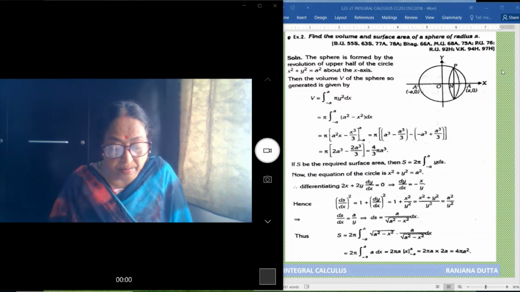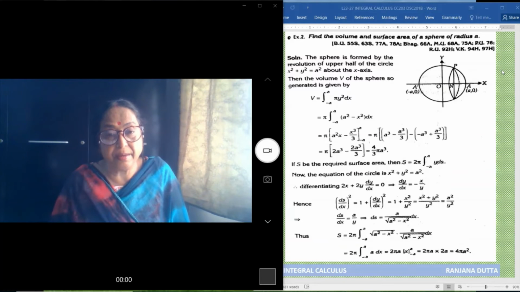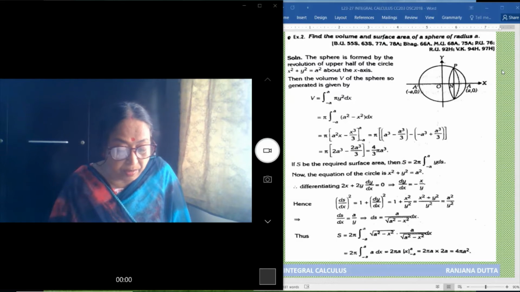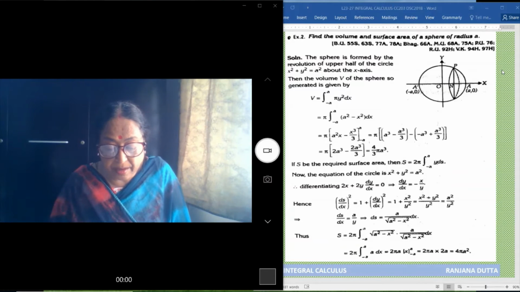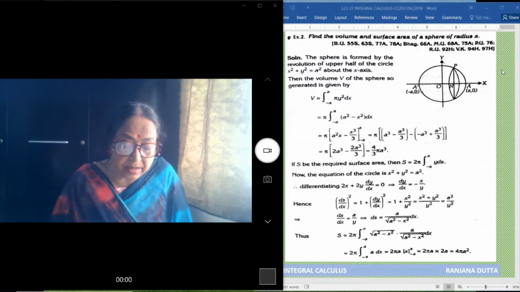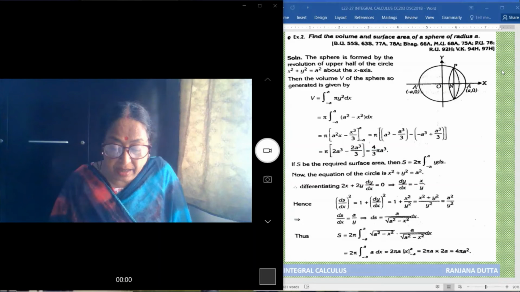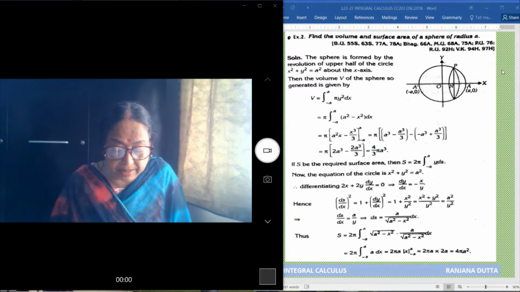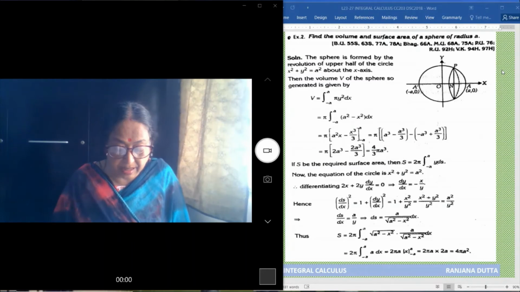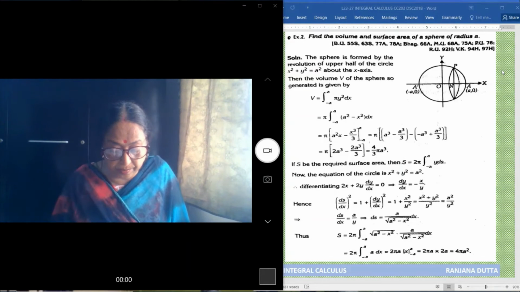Then the volume V of the sphere so generated is given by pi y square dx. The limit of x will be from minus a to plus a. Now transforming y square in the form a square minus x square, and putting the limit, we can get the value of the volume.